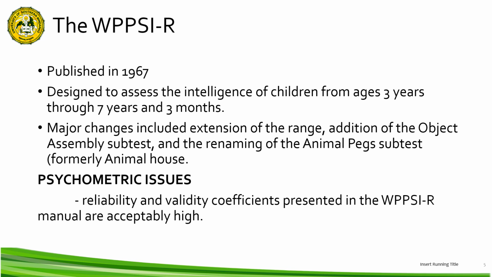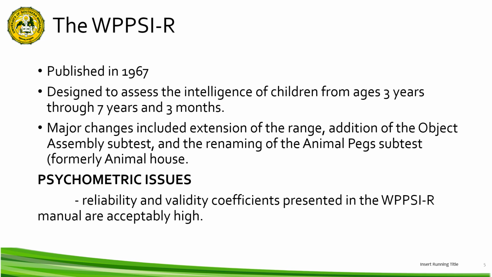It was the first major intelligence test that adequately sampled the total population of the United States, including racial minorities. Major changes from the WPPSI include extension of the age range, addition of the object assembly subtest, and the renaming of the animal pegs subtest.